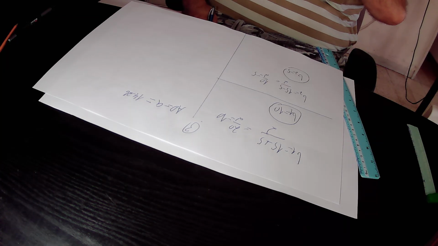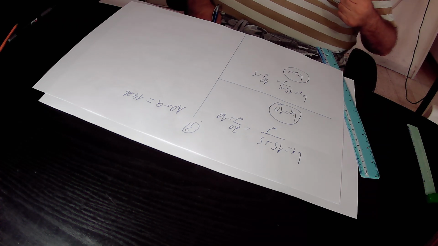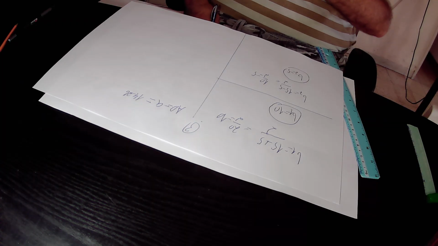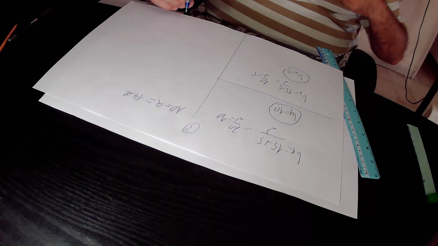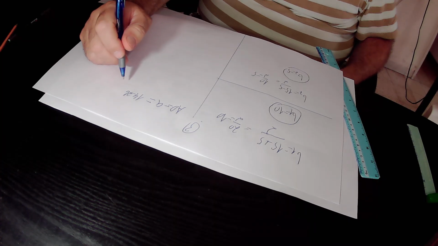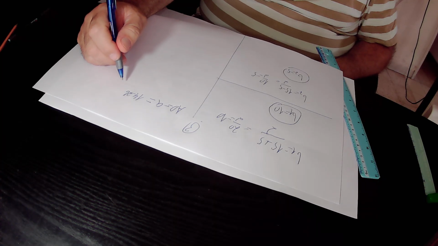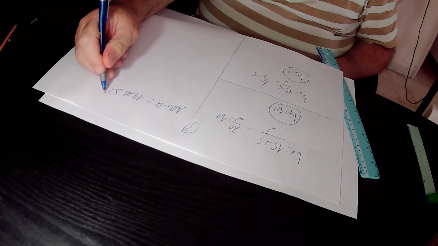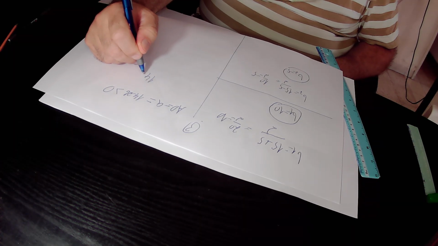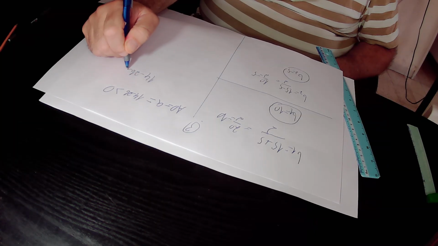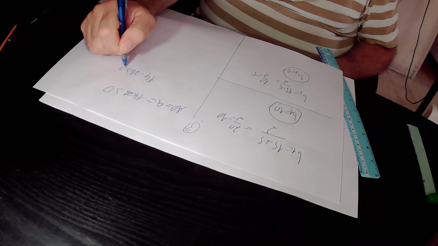Therefore, the expression for a length must be a positive number. What is a positive number? That is to say, it must be greater than 0. So 14 minus 2B must be greater than 0.